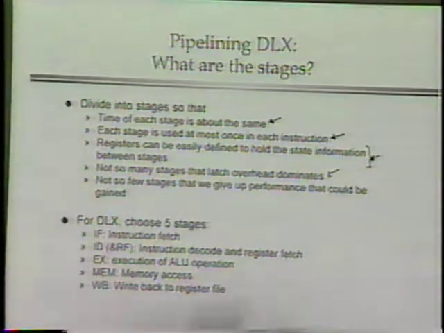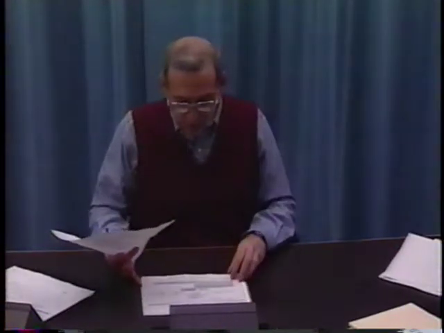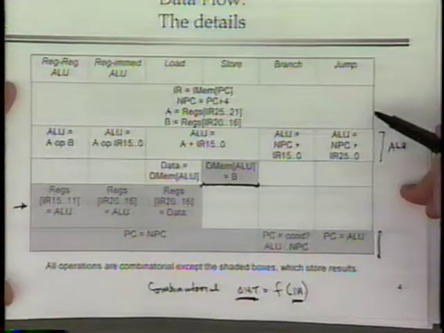Let's look back at the stages that I had written for the non-pipelined DLX implementation and see whether this gives us any insight into how to break up a DLX implementation into pipelines. This is what I showed before.